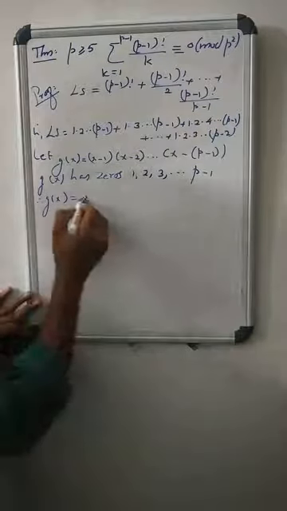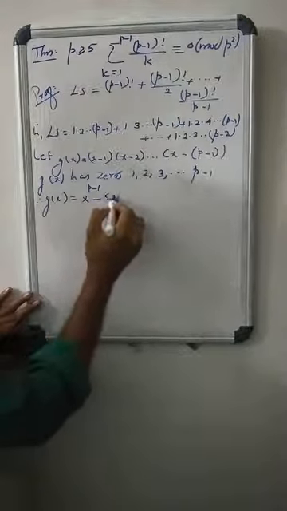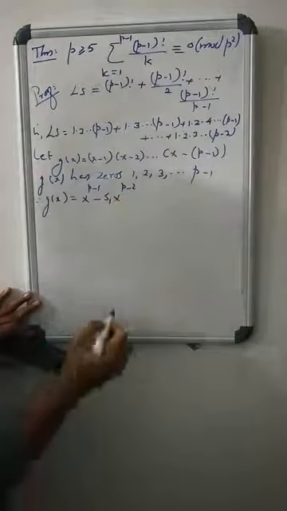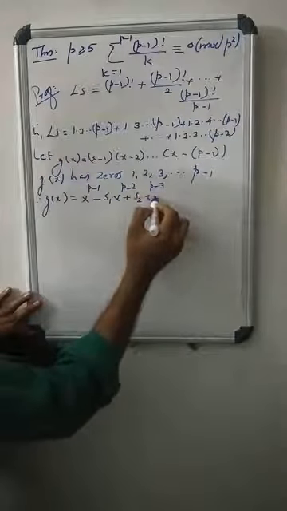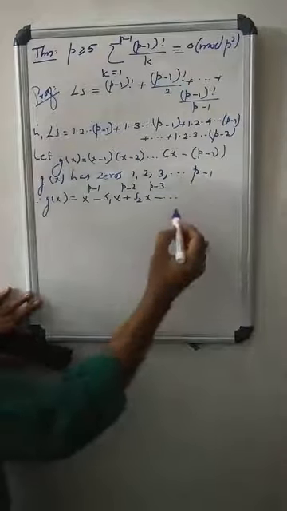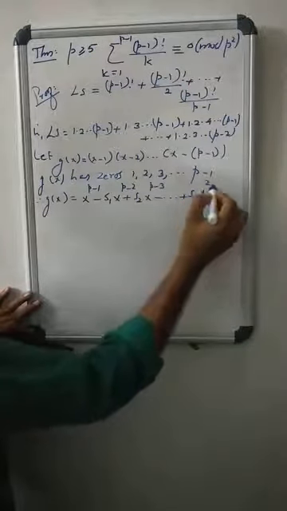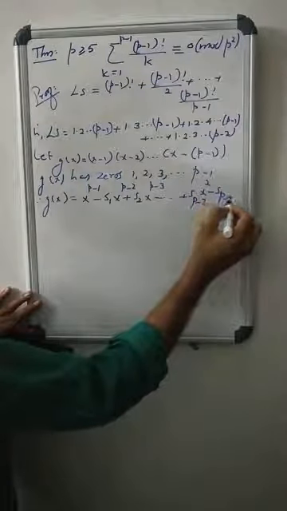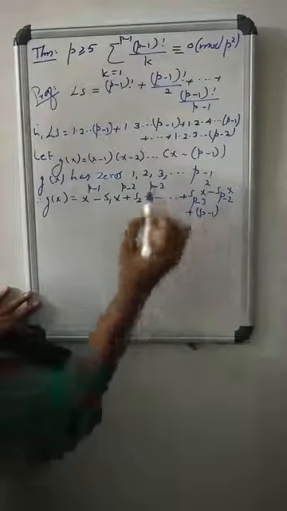That can be rewritten as x power p minus 1 minus s1 into x power p minus 2 plus s2 into x power p minus 3 minus etc. plus s(p minus 3) x square minus s(p minus 2) x plus (p minus 1) factorial.